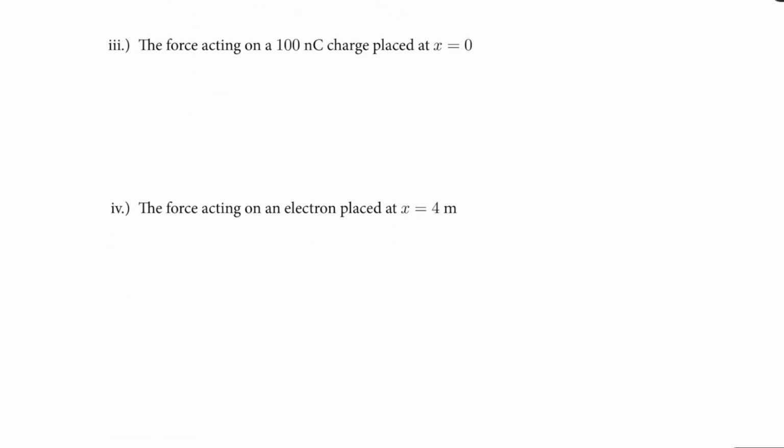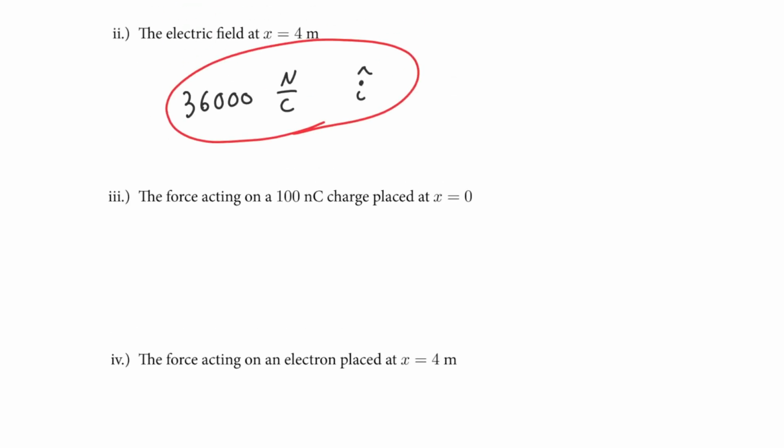Now we want force. The force acting on a 100 nanocoulomb charge placed at x equals 0. Luckily we calculated the field already. You can use Coulomb's law for this if you wanted to, with the charge that's already there and the one I just added. But this is about electric field, and it's pretty convenient because we have this expression: F is equal to Q times E, as long as we're doing everything as vectors.